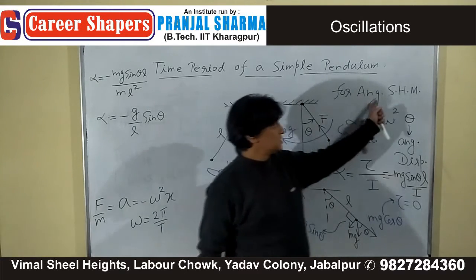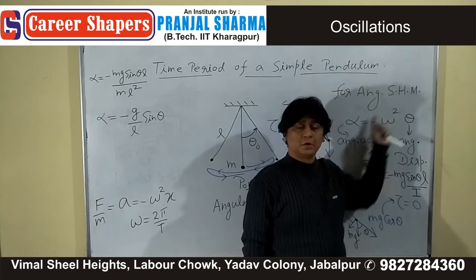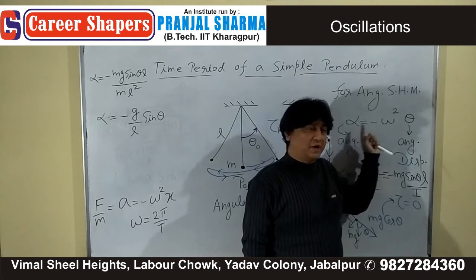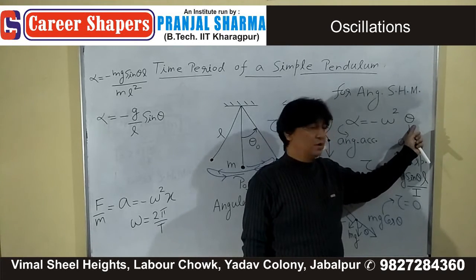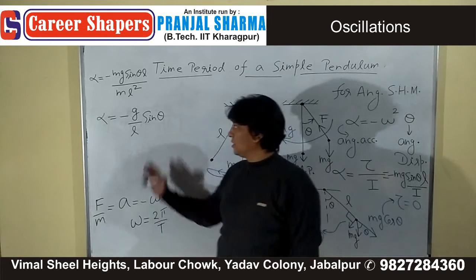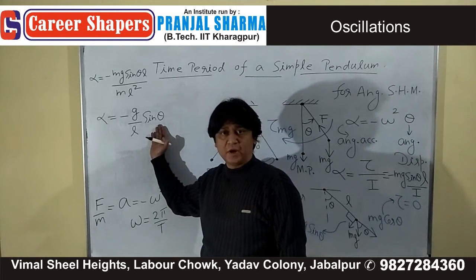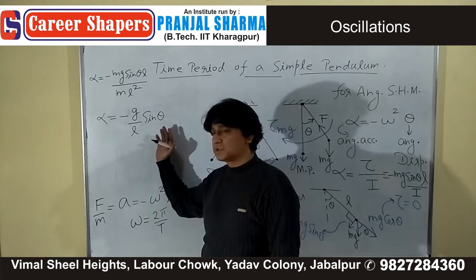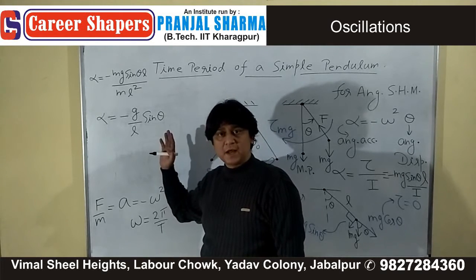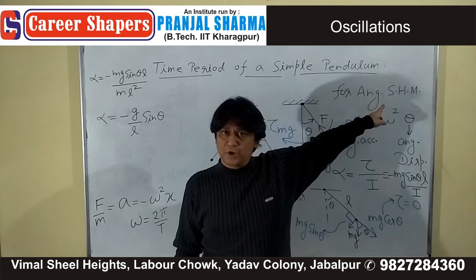For angular simple harmonic motion, your alpha should be directly proportional to what? Theta. But this is what? Sine theta. So if I ask you at this stage, is it an angular simple harmonic motion?